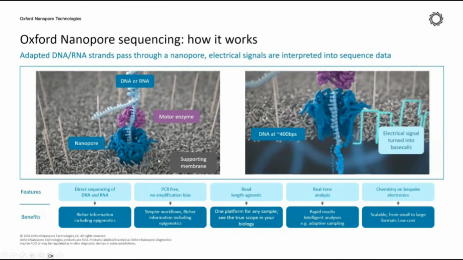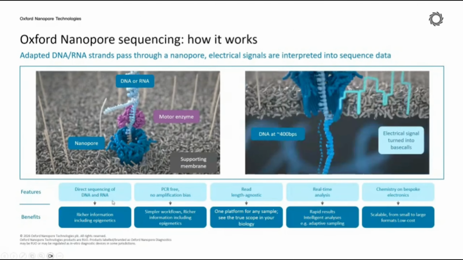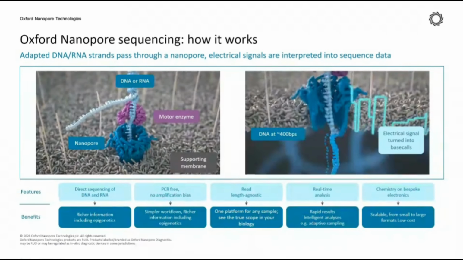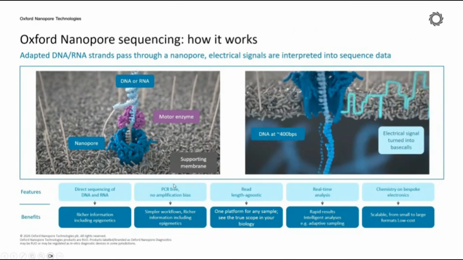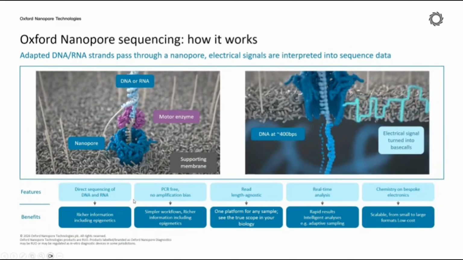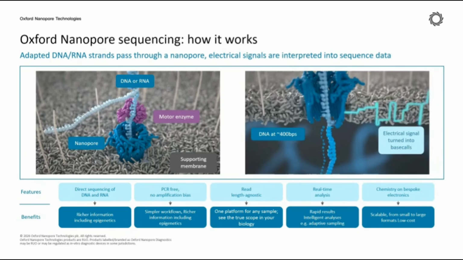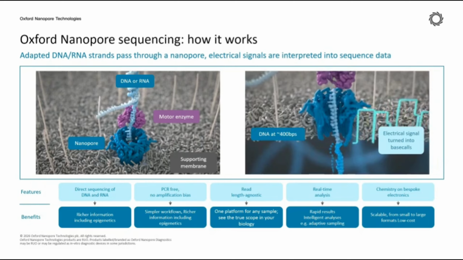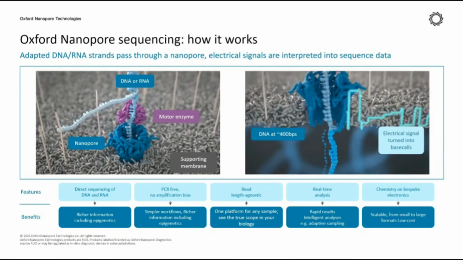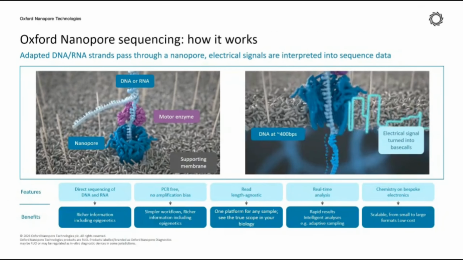So this brings the benefit of directly sequencing the DNA or even the RNA molecule itself. Without any PCR or amplification, we can directly measure the order of the DNA or RNA molecules in terms of their sequence. At the same time, we can also measure whether any of the bases are methylated, to look into the epigenetics of the samples.